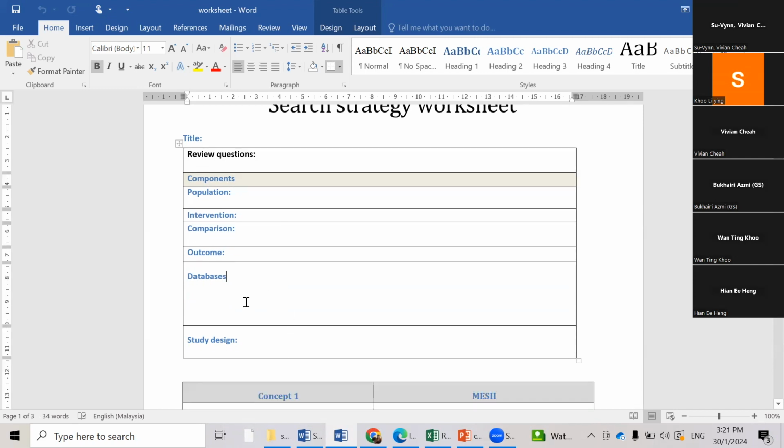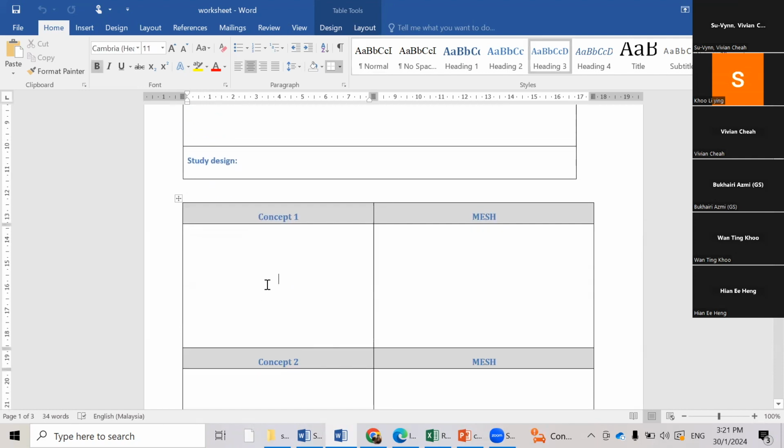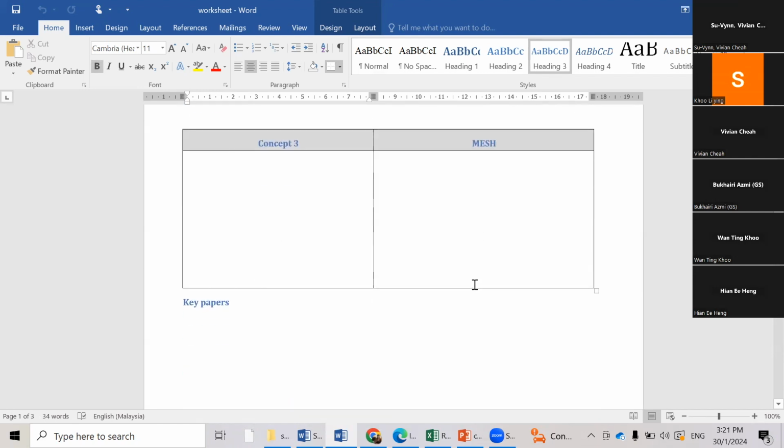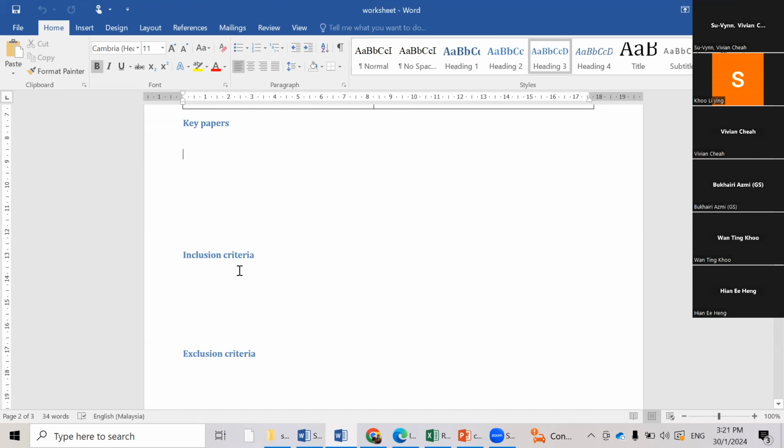And then you identify the databases, and then your study design. This is where you list down all your keywords, and from the keywords you need to find your medical subject headings. And then what you can actually do is to find key papers. I will go into detail when we have the hands-on session later for the next session.